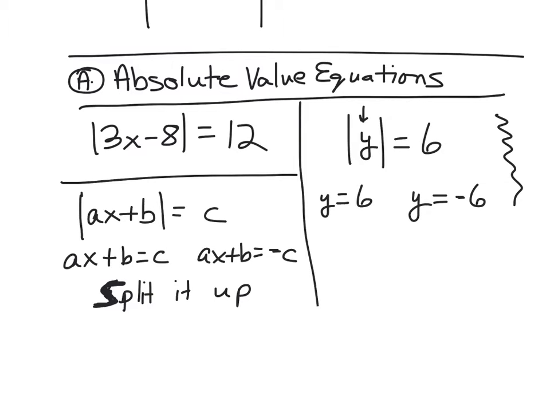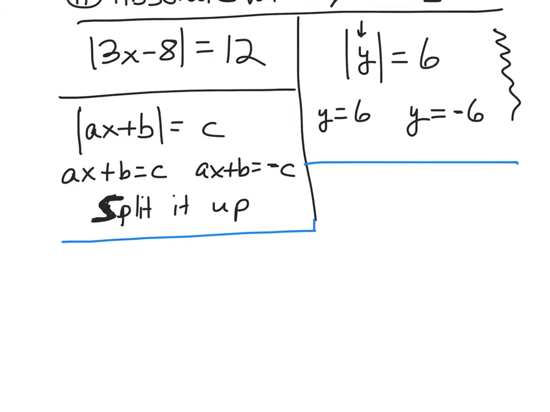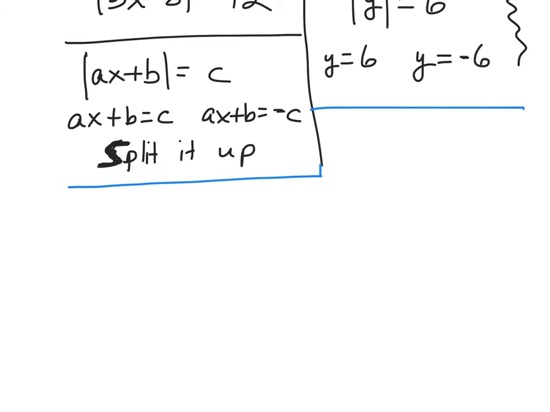So how's that going to flesh out on the problem that we started with, which was the absolute value of 3x minus 8 is equal to 12? What am I going to do here? I'm going to split that up.